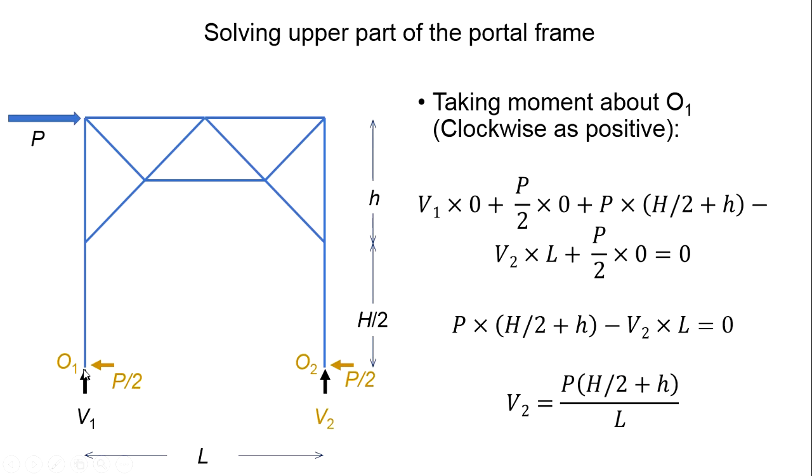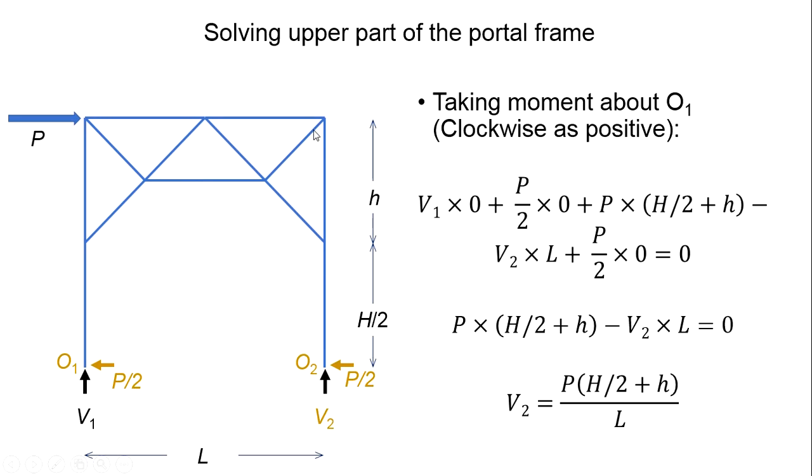As V1 is passing through O1, V1 will not produce any moment about O1, so V1 into 0, where 0 is the perpendicular distance of V1 from O1. Next, as P by 2 is also passing through O1, P by 2 multiplied by 0. Next force is P, this horizontal force, at a distance of h by 2 plus h, so P into (h by 2 plus h), which will produce clockwise moment.